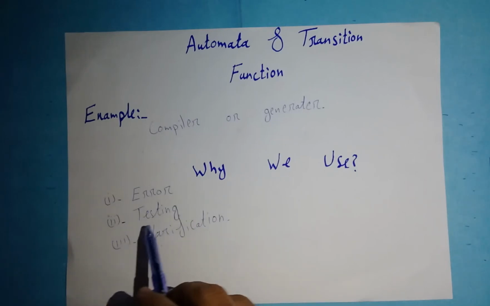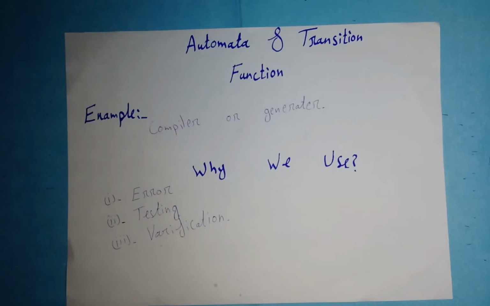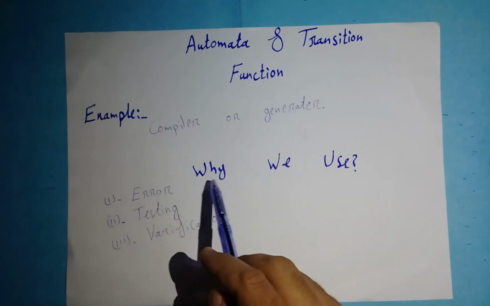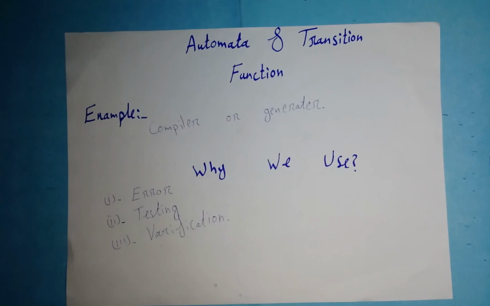The second thing is testing. When you make a program, you need to test it, so for testing the program we use automata. And the third thing is verification. Basically we use automata for verification as well.